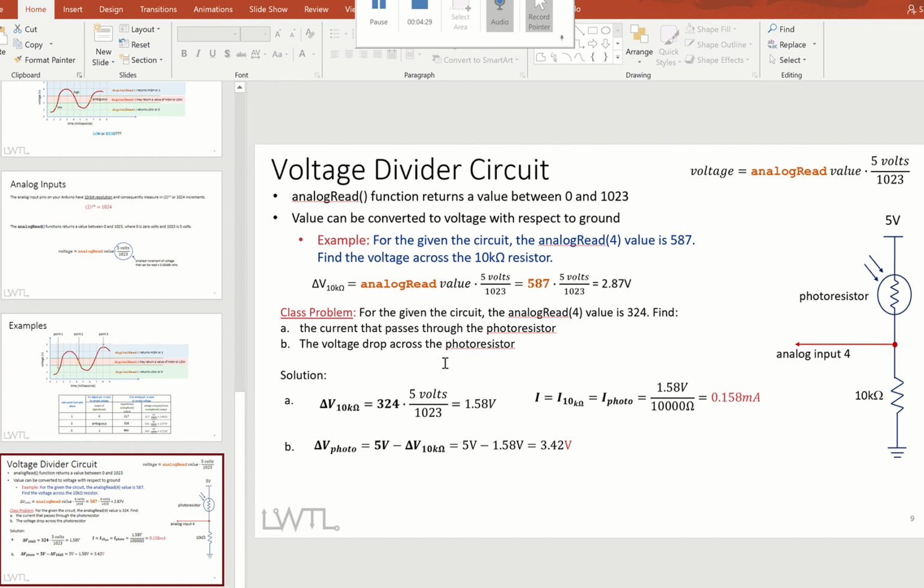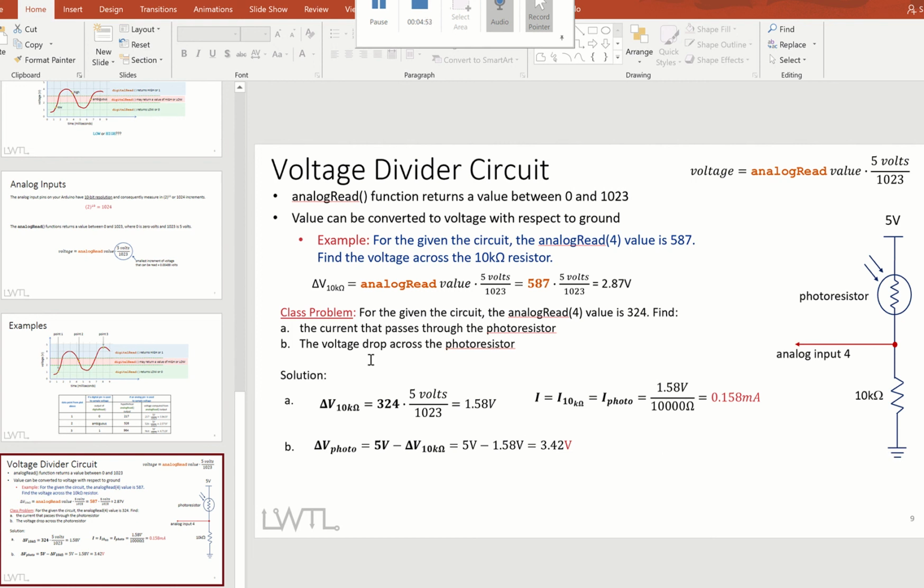The answer is yes. Remember the formula. Using the 587 analog read, times 5 volts corresponding to 1023, we know this 587 corresponds to a voltage of 2.87. That is the voltage across this 10 kilo ohms, because here is 0 volts, which is ground.